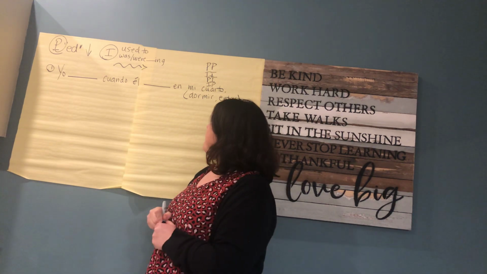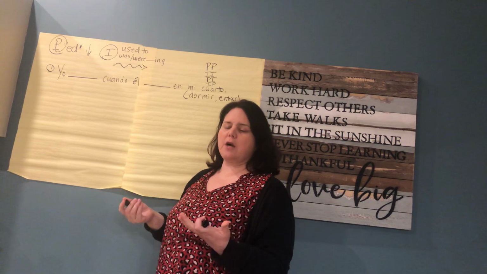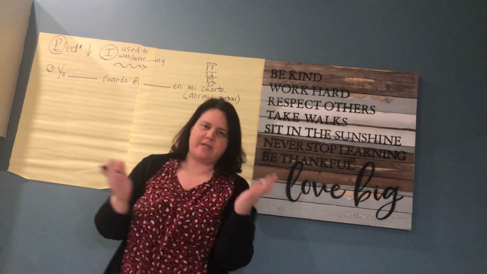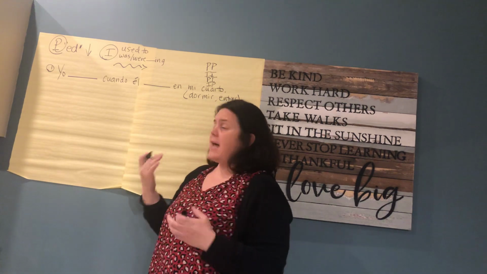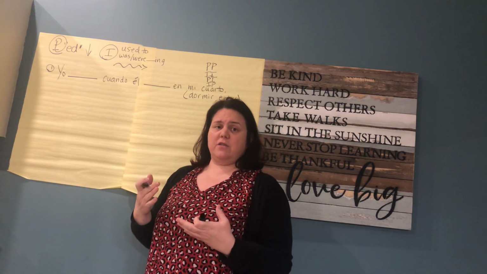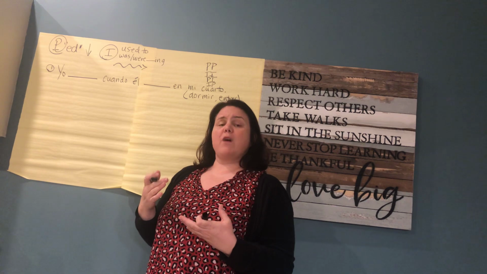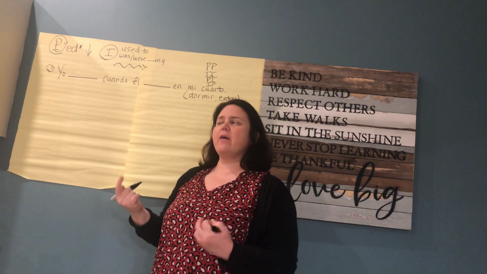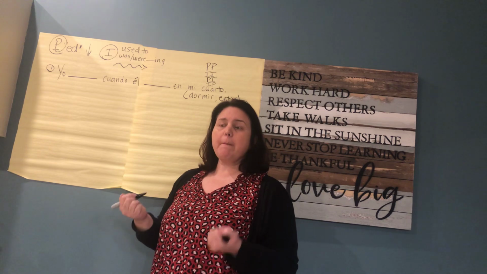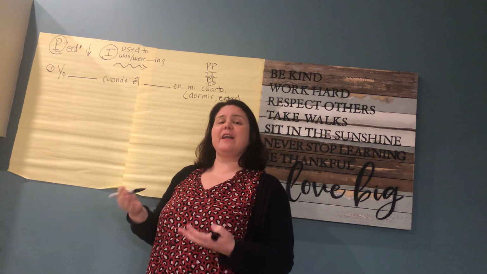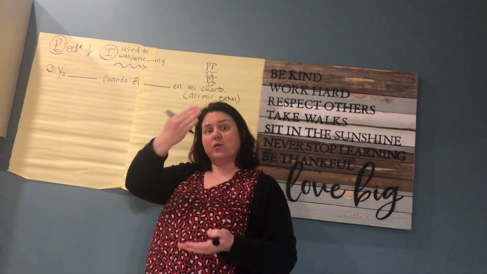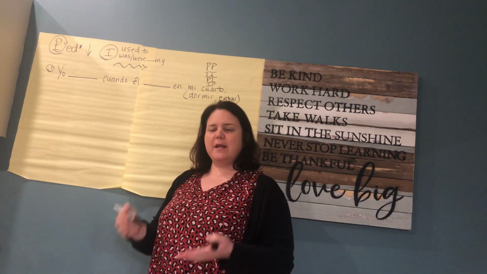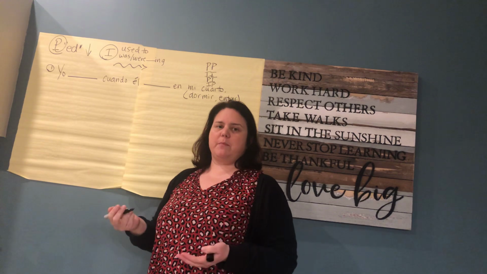If there's an action that was going on and something else interrupted it, the thing that happened and caused the interruption, is that preterite or imperfect? It's preterite. The thing that got interrupted, it was underway, it was going along merrily in the past. That got interrupted, so the thing that got interrupted was imperfect.